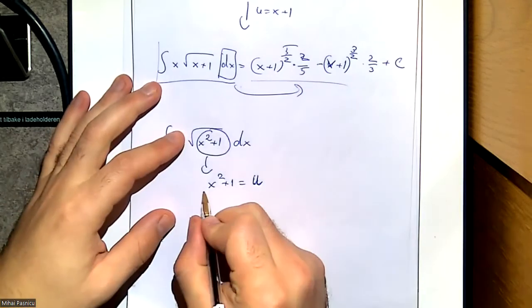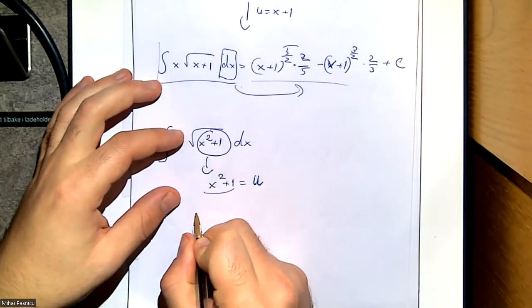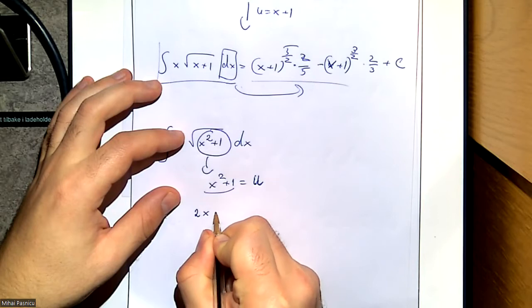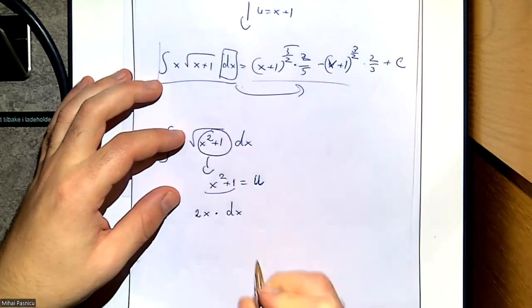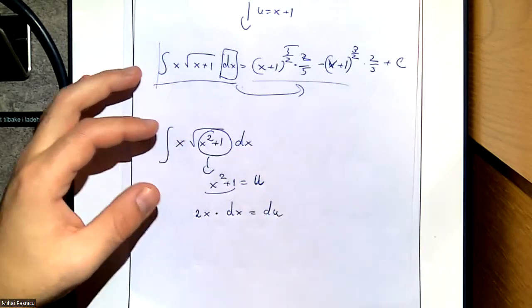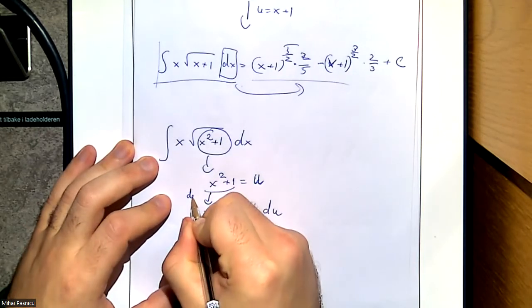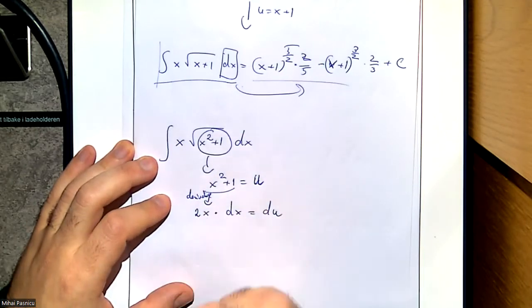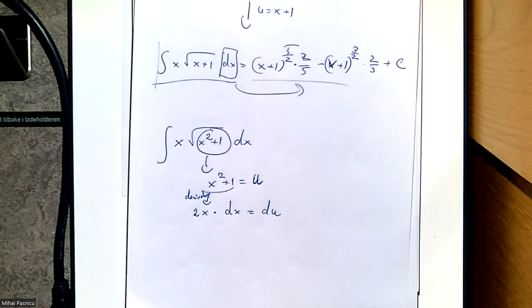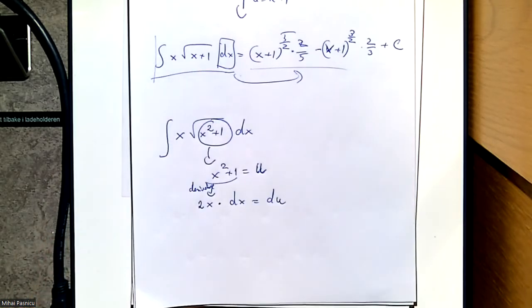Just take a derivative of this thing with respect to x. So I get 2x dx is equal to du. Everyone follow on that? Just a derivative.